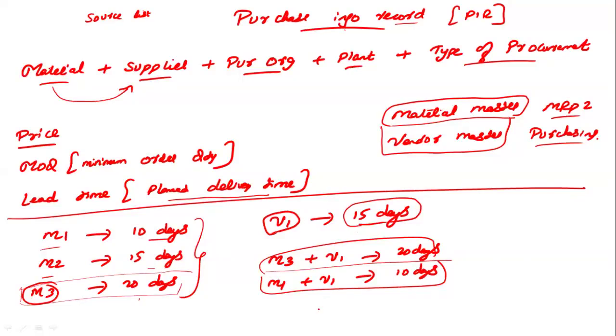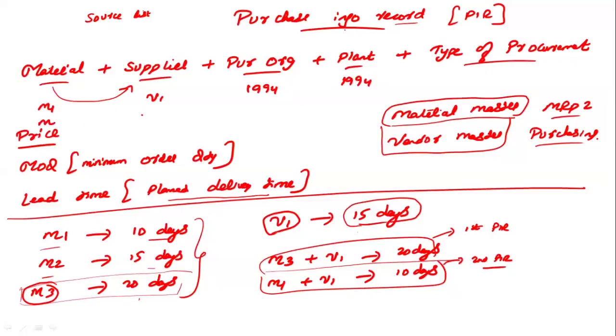For each and every combination, you will create an individual PIR. This is the first PIR. This is the second PIR. So if any information is varied, for example, this is M1, this is V1. If you're buying for this purchase org, for this plant and standard, then one entry.